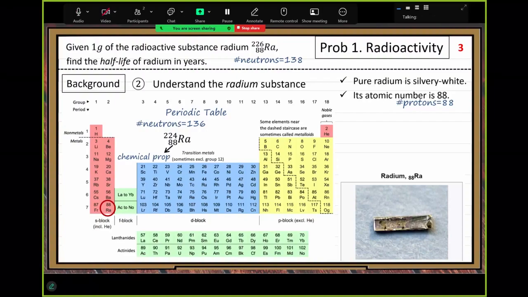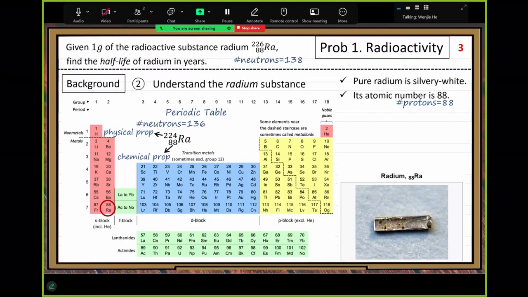But this number is different. The number of neutrons determines the physical property. So these two isotopes have different physical properties, due to the number of neutrons being different. Okay, chemical properties, physical properties.